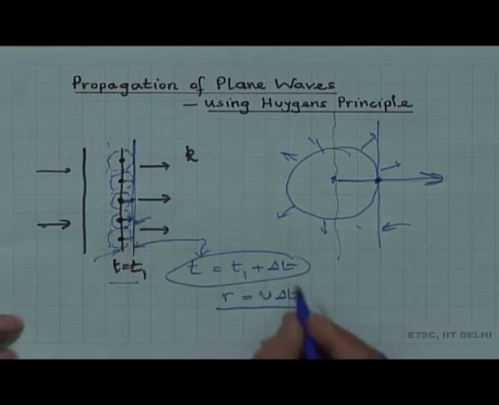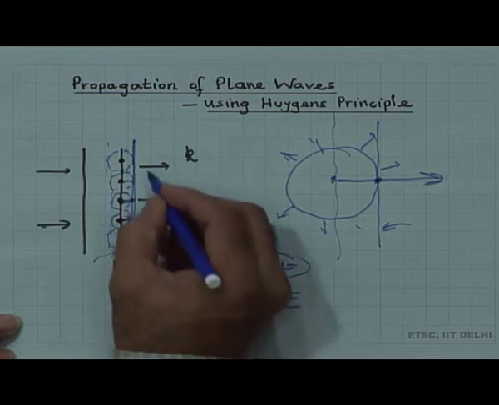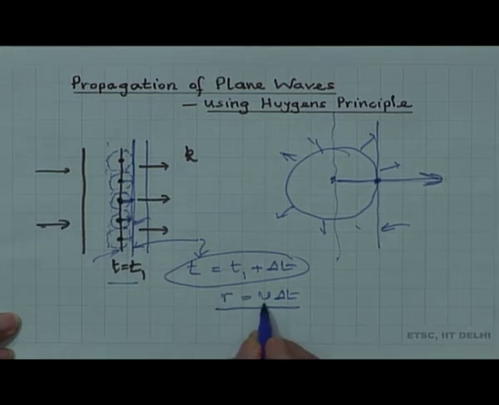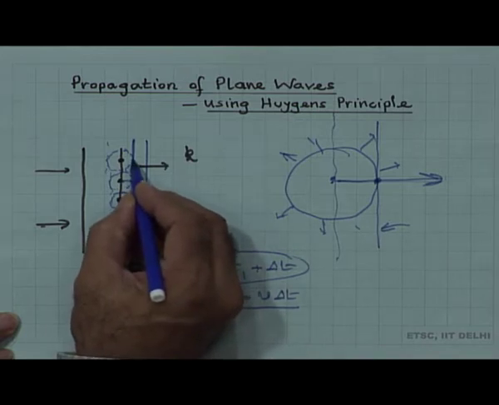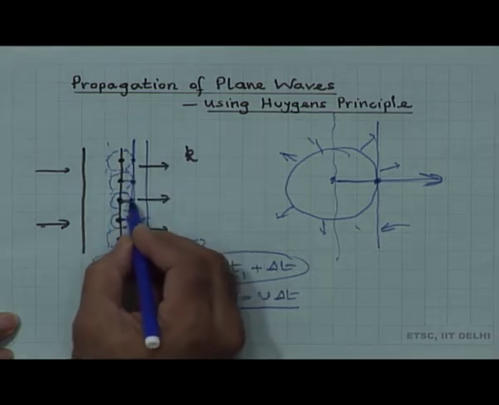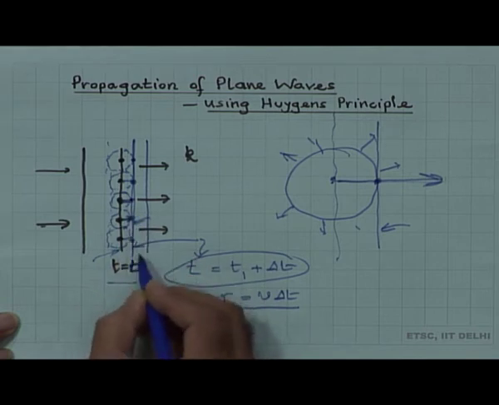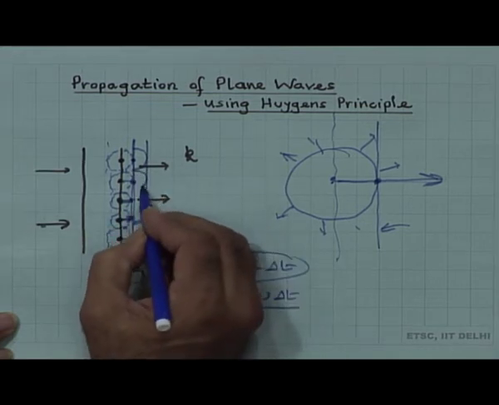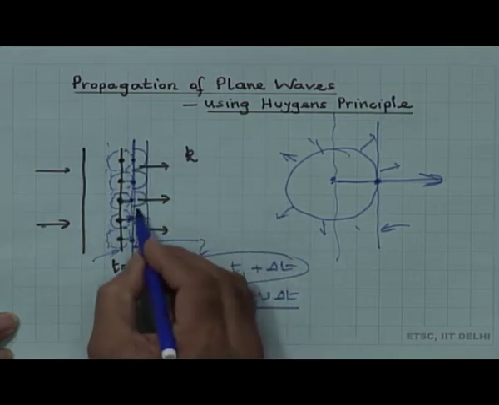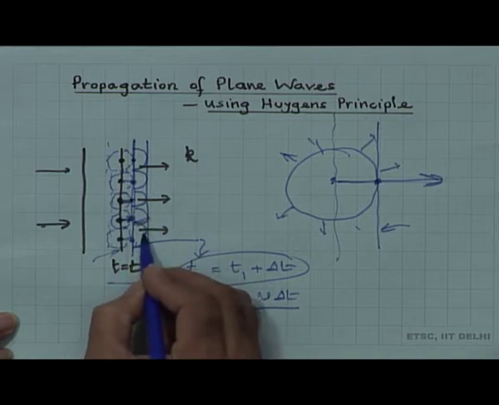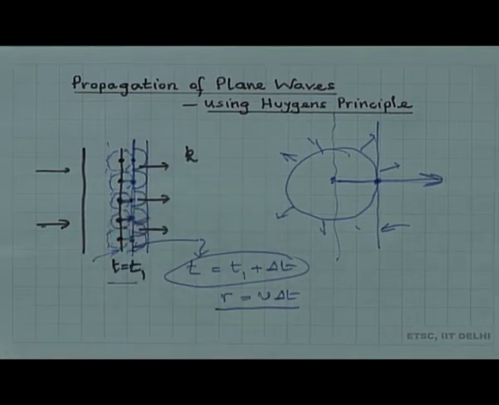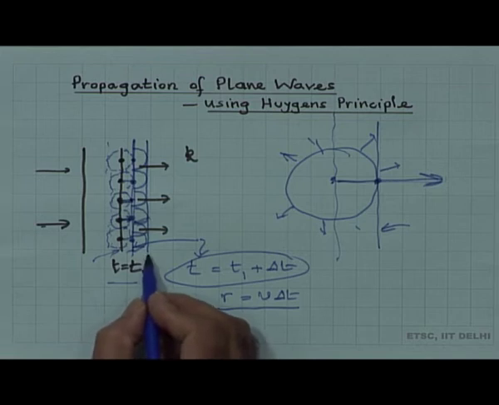If you continue this at a later time t1 plus 2 delta t, then we have to draw spheres of radius equal to v times 2 times delta t, or alternatively you could consider secondary point sources on the second wavelet, and draw again spheres like this, spherical waves coming out of the point sources, and then the tangent to these secondary wavelets would represent the wavefront at a later time.